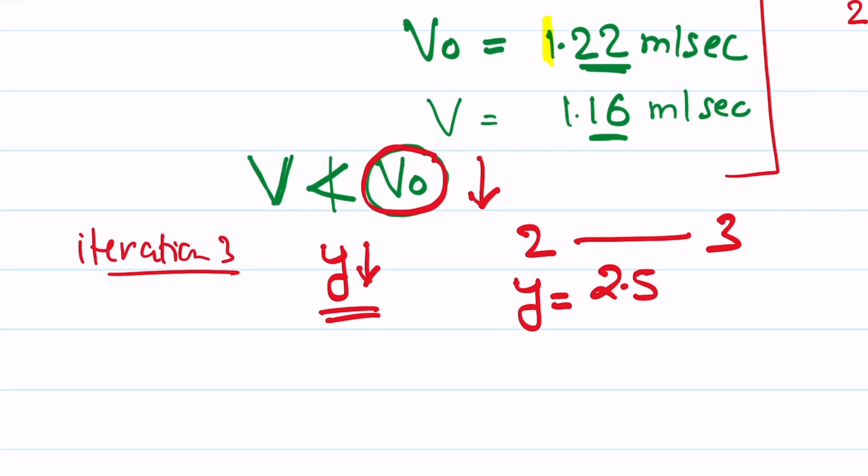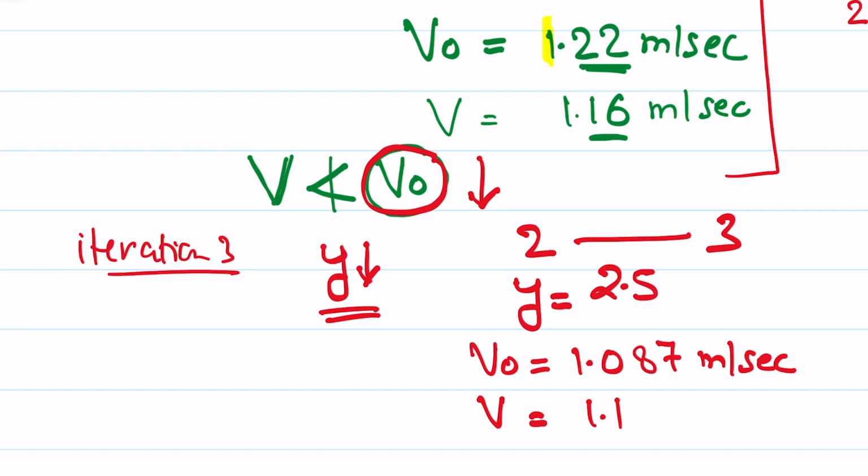To avoid repeating the same things again and again, I'm just writing the values. At y equals 2.5, V naught will come out to be around 1.087 meter per second, and the actual velocity will come out to be around 1.1 meter per second.